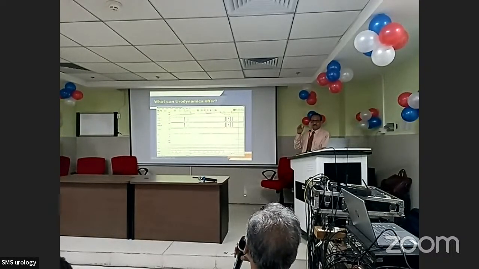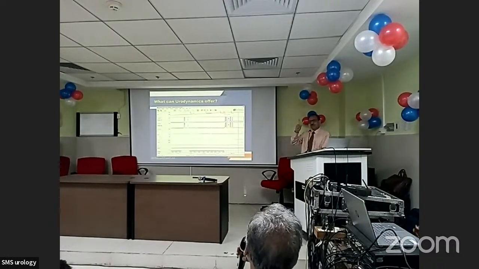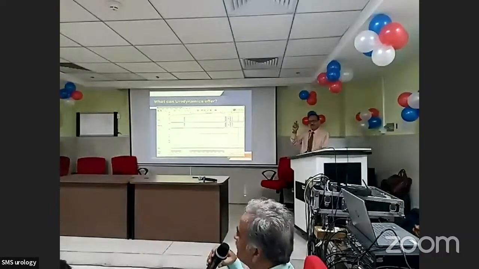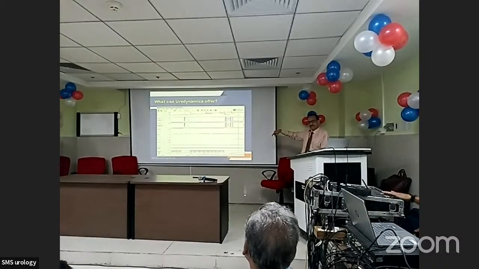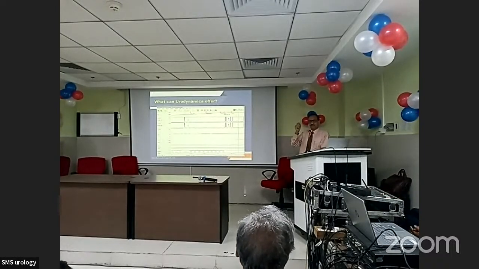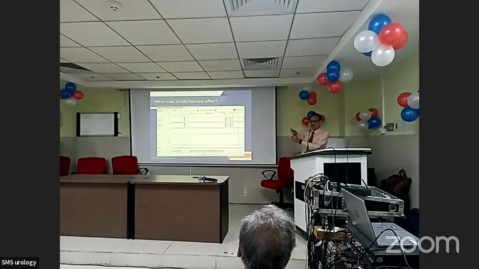See, what is detrusor pressure? Detrusor pressure is not purely a detrusor contraction. The pressure generated in the bladder is a response to two things: number one, the force of detrusor contraction, and also the outlet resistance. If the outlet resistance is high, the bladder is going to generate a much higher pressure, though the force of contraction is the same.